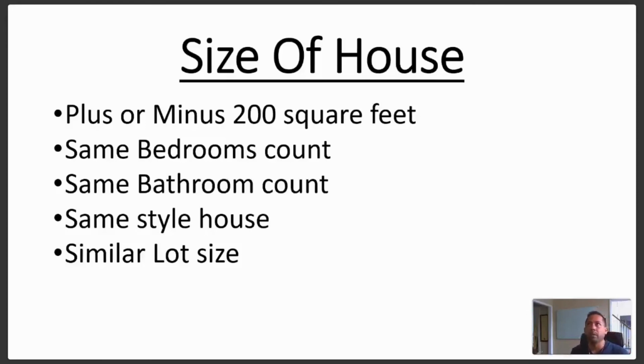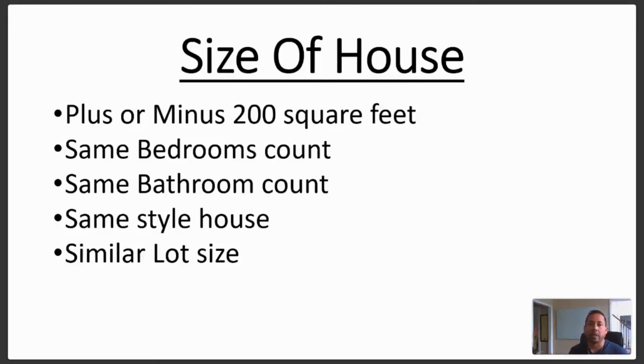But my point with the appraiser is this: if one house has 3 bedrooms and 1 bathroom, and the other house has 3 bedrooms and 2 bathrooms, and they're about 200 feet plus or minus, the appraiser is going to say, all right, let me see how much the bathroom is worth, and then come to the table with the adjustment, adding or subtracting the bathroom price.